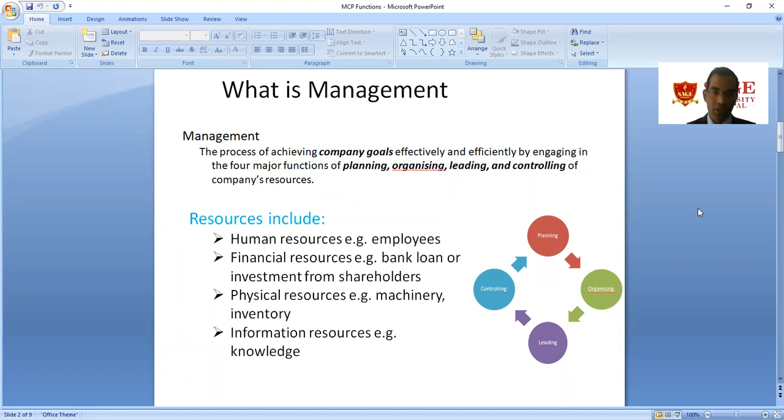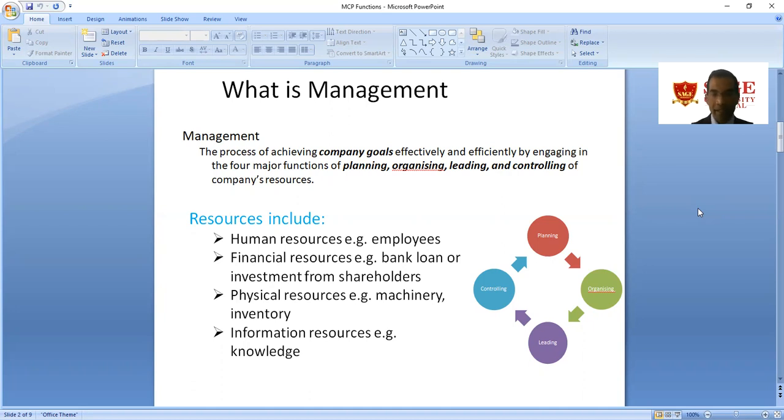Management is the process of achieving a company's goals effectively and efficiently by engaging in four major functions: planning, organizing, leading, and controlling of the company's resources. Whenever we have a task for an organization, we use these functions. Planning is how we will do it, how we plan the whole scenario.